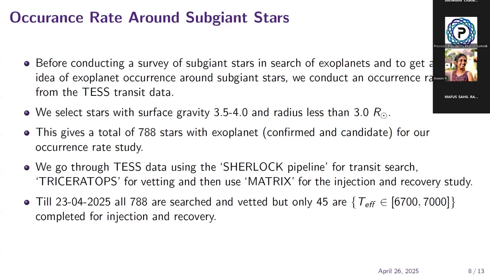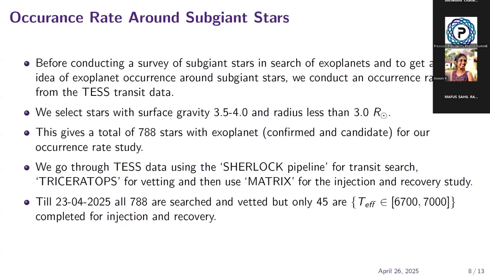We get 788 confirmed and candidate stars for this occurrence rate. We then use openly available exoplanet detection pipelines, like the SHERLOCK pipeline. Then we use TRICERATOPS for the vetting, and then we use injection and recovery. This process is actually quite computationally challenging.